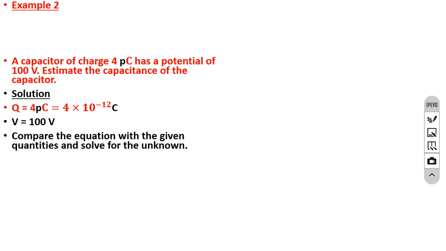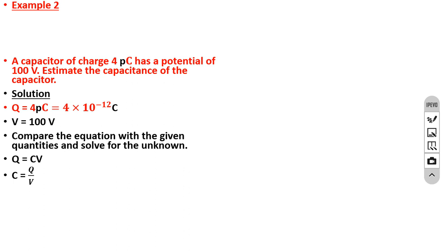Compare the equation with the given quantities and solve for the unknown. If you are given Q and V, of course you know that Q equals CV. You are to estimate the capacitance, meaning that you are just to make C the subject of that expression. That's the expression. Making C the subject, you have this.